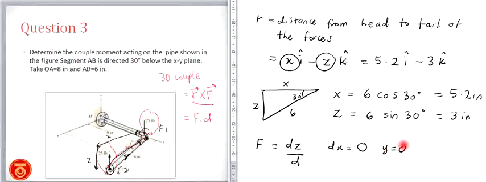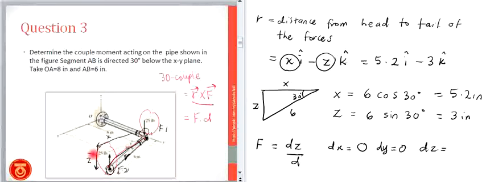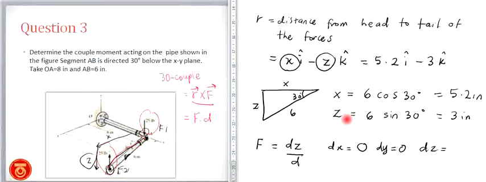Y is also 0. Therefore dz is from here to here, the z value that we calculated before. So z is 3. So dz over d is 3 over 3, multiplied by 25, so you will get the same 25. This is z, the k direction.